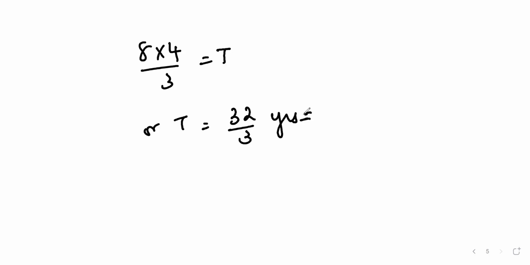So 32 by 3 years can be 10 and 2 by 3 years. 2/3 year means if you divide the year's 12 months into 3 parts, you get 4, so 2/3 is 8 months. So it is 10 years and 8 months precisely.